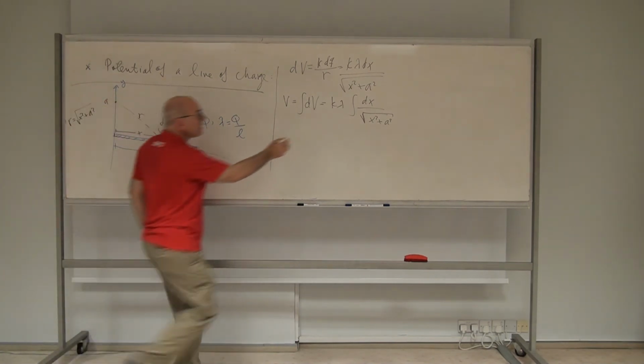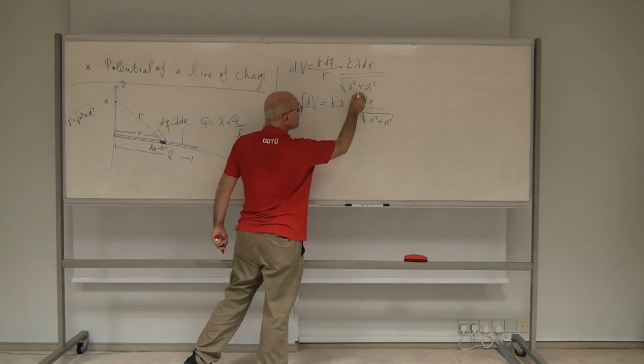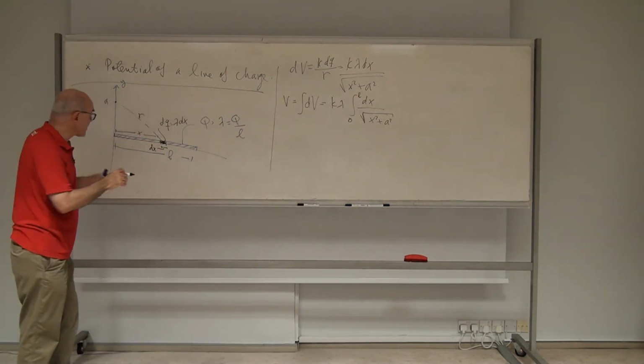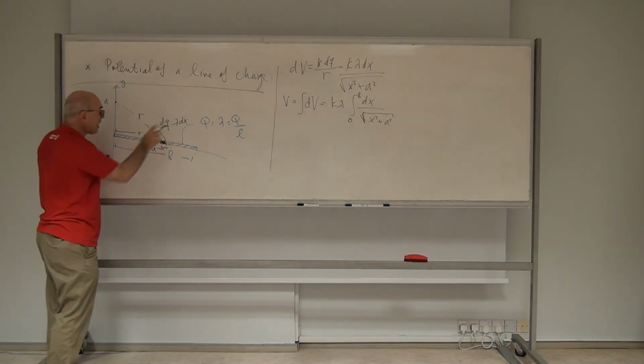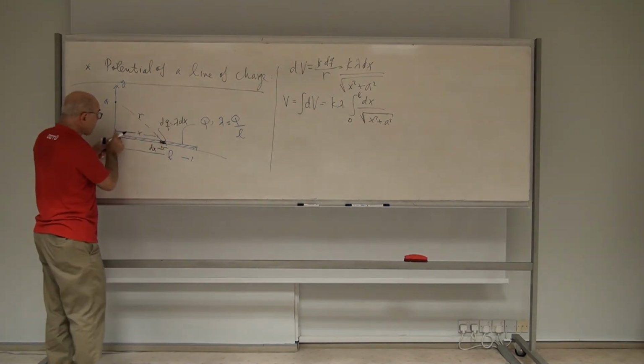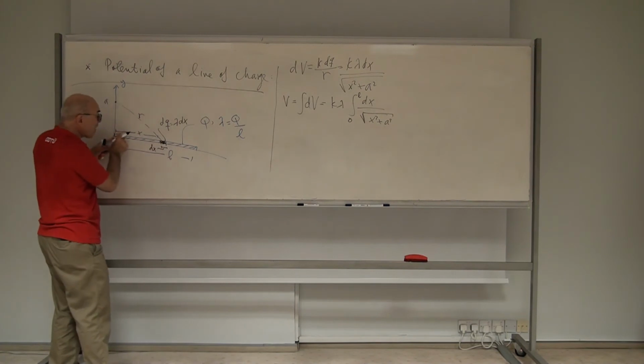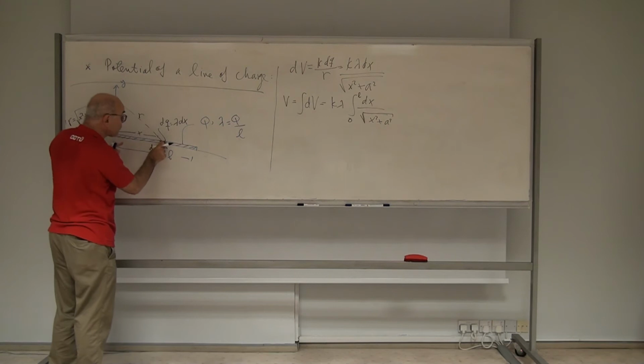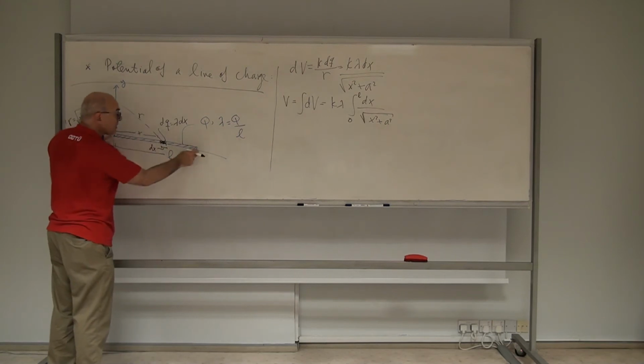You also make a physical check, saying: if I really integrate over x from 0 to L, do I really catch all the contributions of the dq's that form this charge?